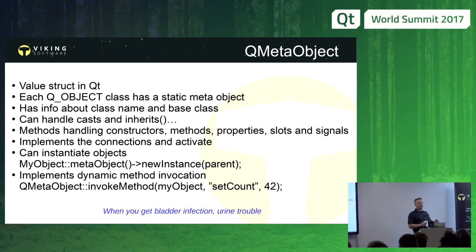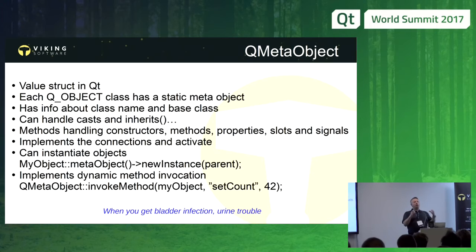Okay, QMetaObject. This is a beast that's defined. You can look at the definition of it inside the Qt documentation. And it's hilarious reading, of course. You'll spend your long winter nights laughing over this documentation. And what you'll see is, first of all, this is a value object. It does not inherit QObject.